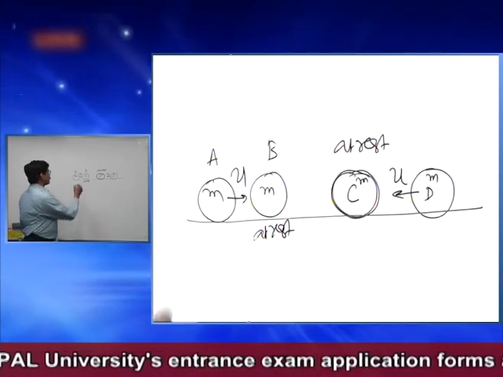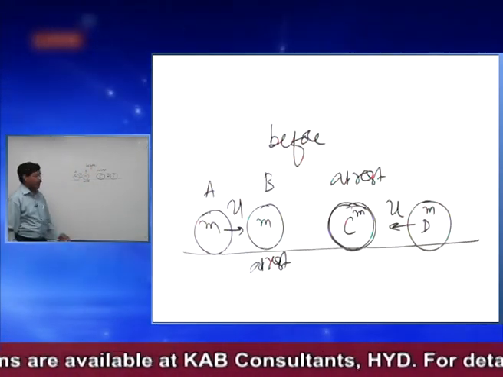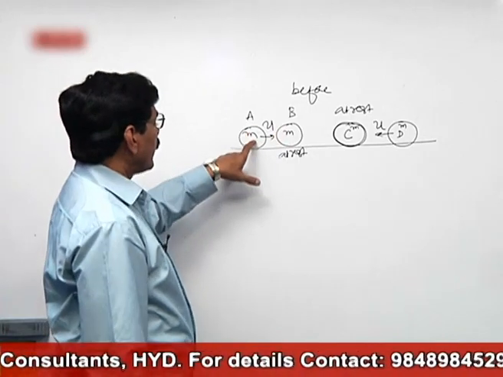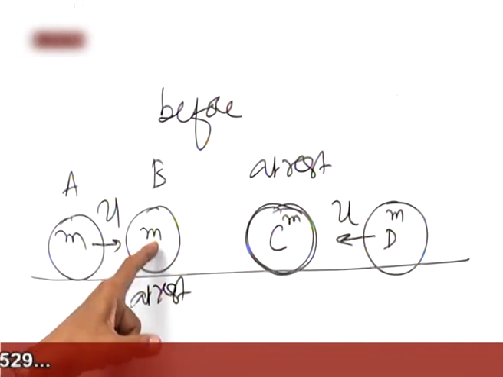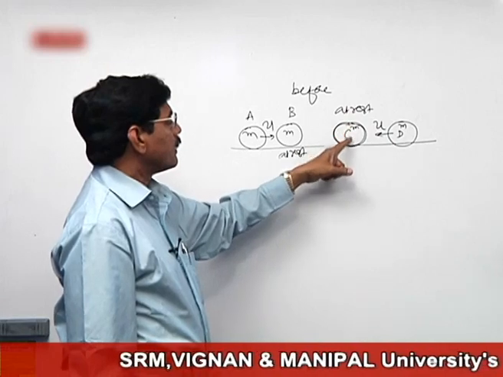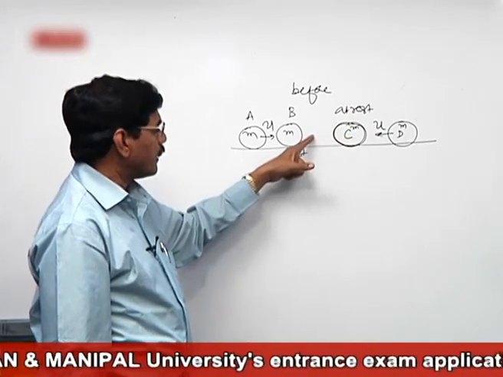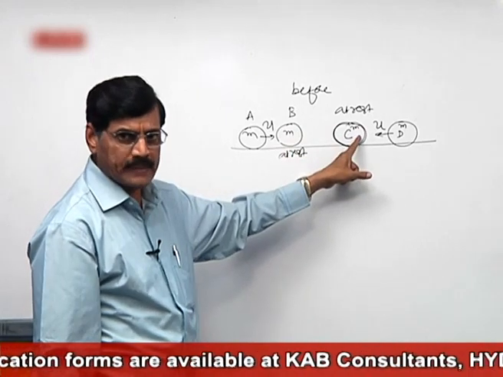A collides with B and transfers its velocity to B, so B starts moving towards right, and D collides with C, and C moves towards right. Then a collision between B and C takes place.